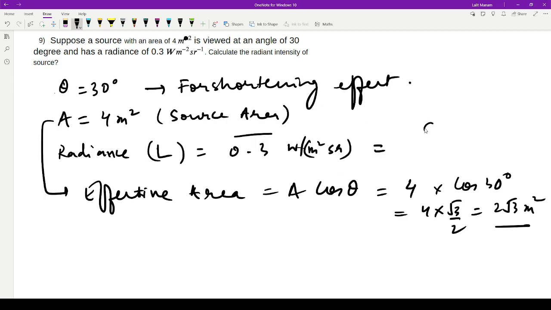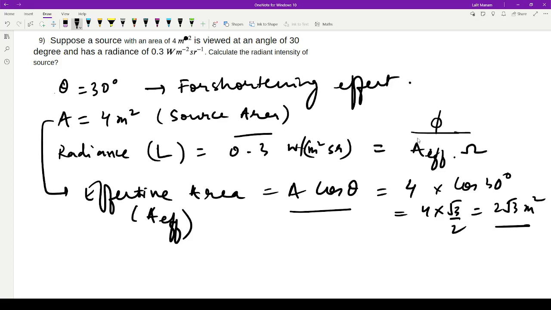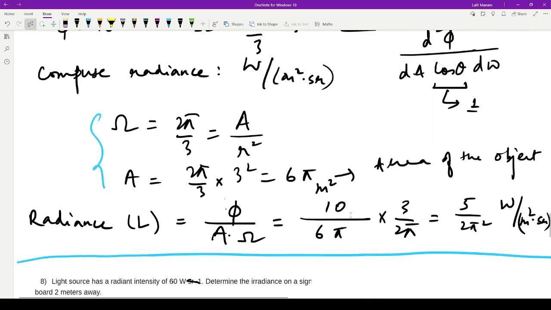This is flux per unit effective area, because you have to consider the foreshortening effect, into steradian, the solid angle. That's what we have written earlier, right?